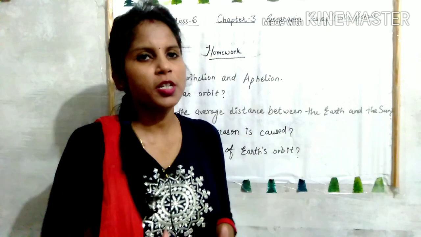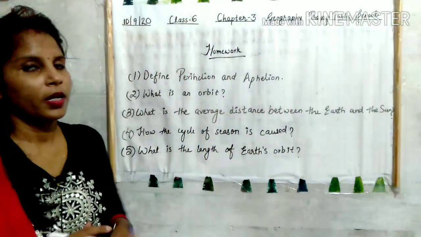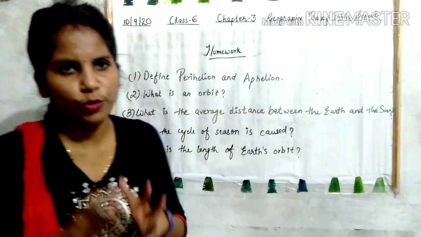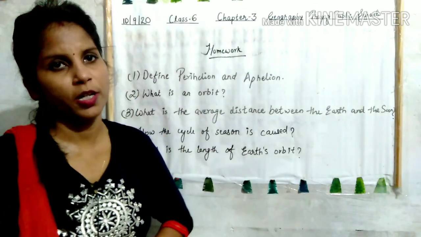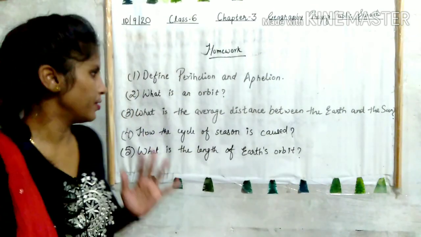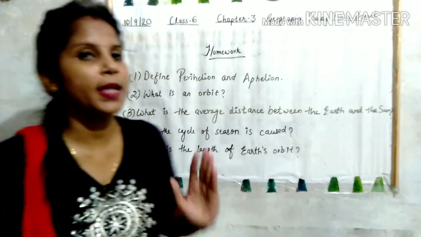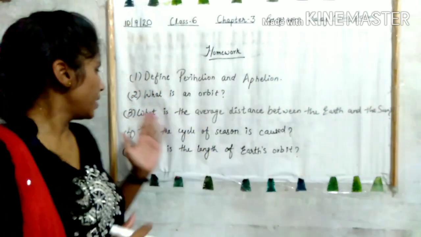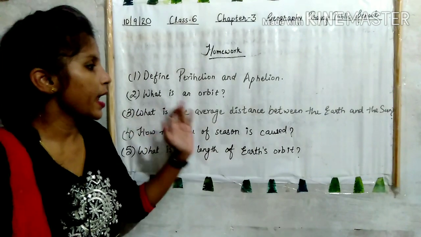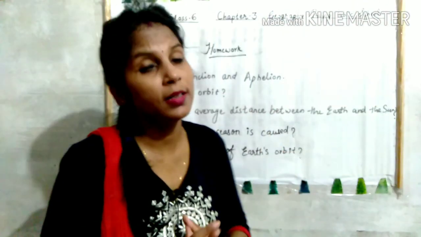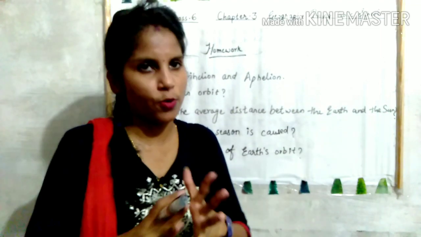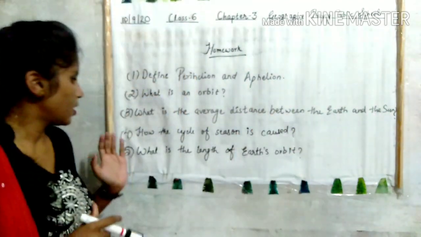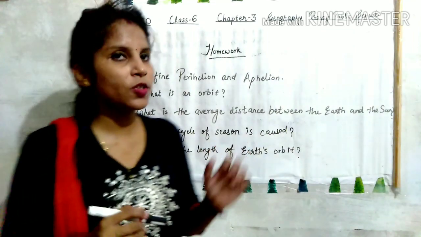Okay, so children, this is your homework. The question number 1 is you have to define the perihelion and aphelion. So you have to write the definition. Then second one, what is an orbit? Okay. Then third, what is the average distance between the earth and the sun? Sun और earth के बीच में कितना distance, कितनी दूरी है, that you have to mention. Then how the cycle of season is caused?